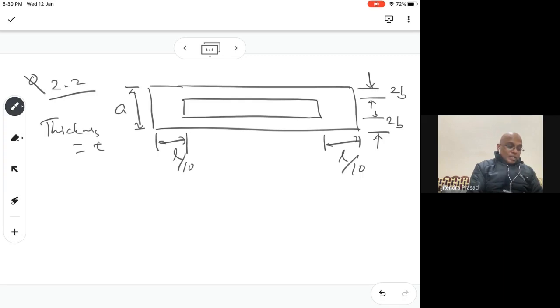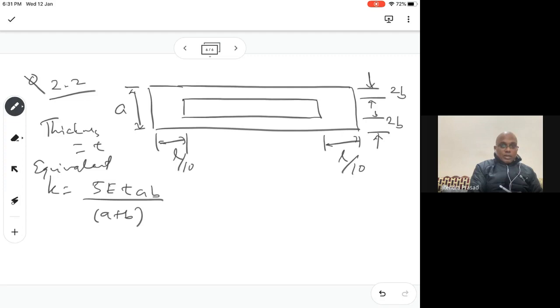Now the problem is rather to prove that the equivalent K of the whole system is equal to 5ETAB divided by (A plus B) L. So it says L dash, maybe L square or something probably.